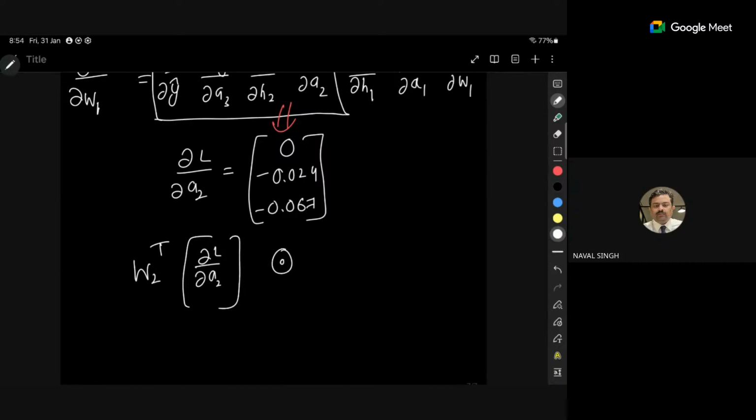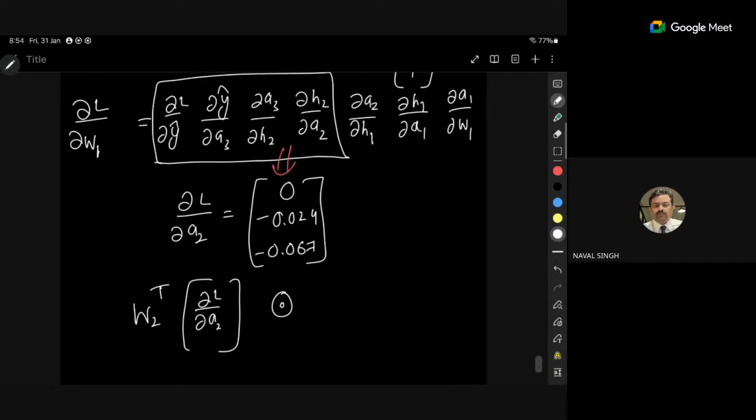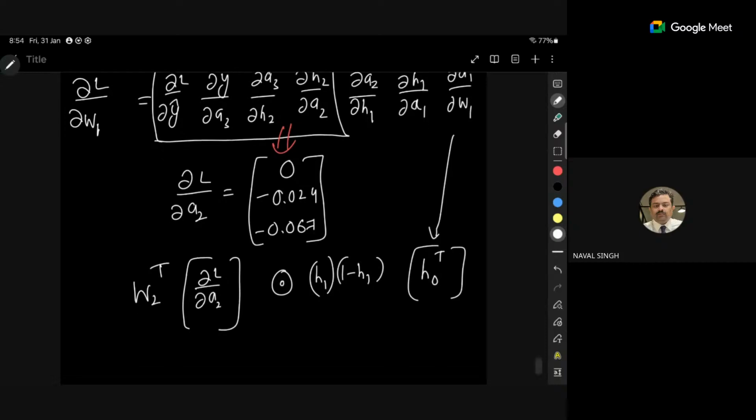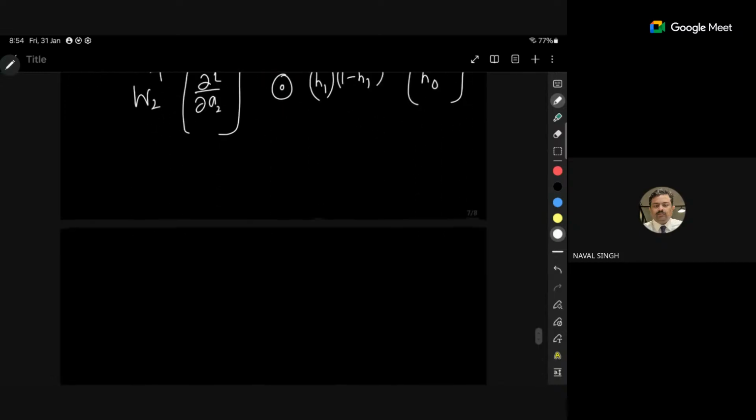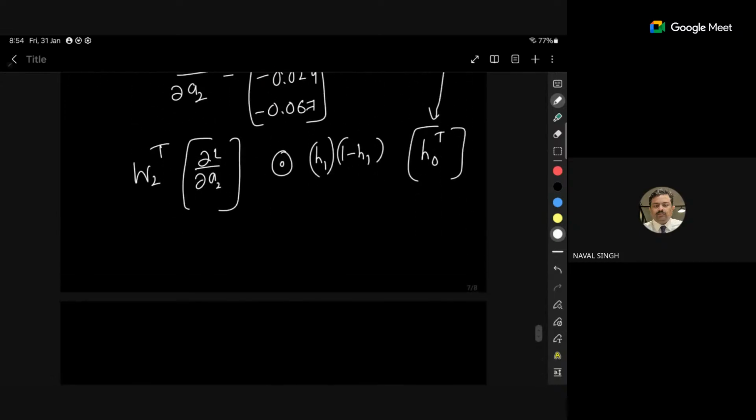Then I'll do element wise multiplication of H1 times 1 minus H1. Then the last part is H0 transpose, or you can say X transpose, the raw input values that we gave into the model. So four things. Now again you have to compute this.